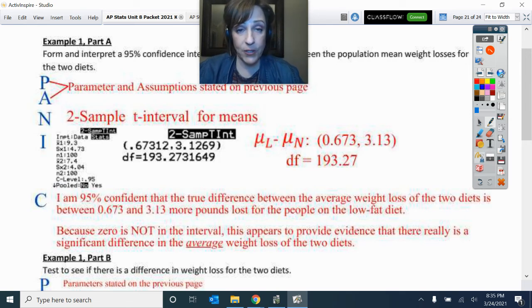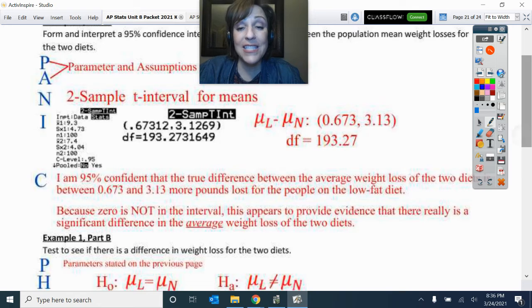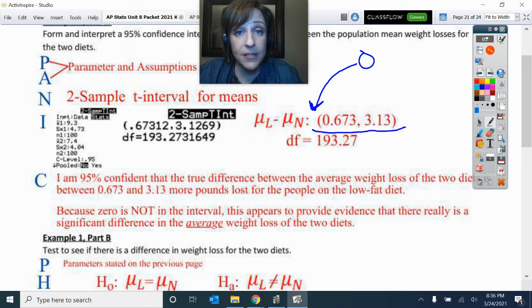Then remember, since this is about a difference, we have this situation where we have the 0 in there. So do you see that the difference is completely above 0? So this tells me that there is a significant difference in the weight loss.